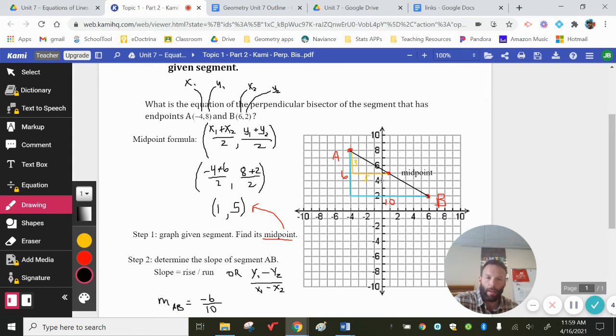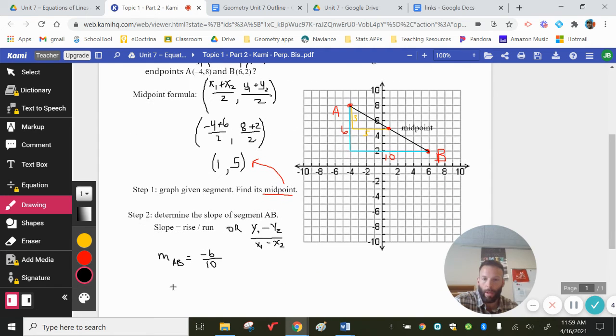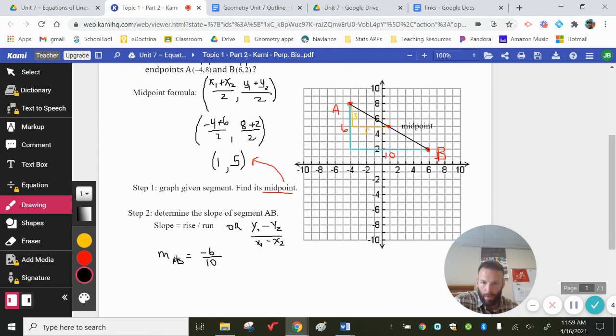But I think a much easier way is counting, because we already did this part. To get from point A to point B, we go down 6 and to the right 10. So I wrote the slope of AB with a subscript, and it is -6/10, which you could also call -3/5 if you reduce that fraction.